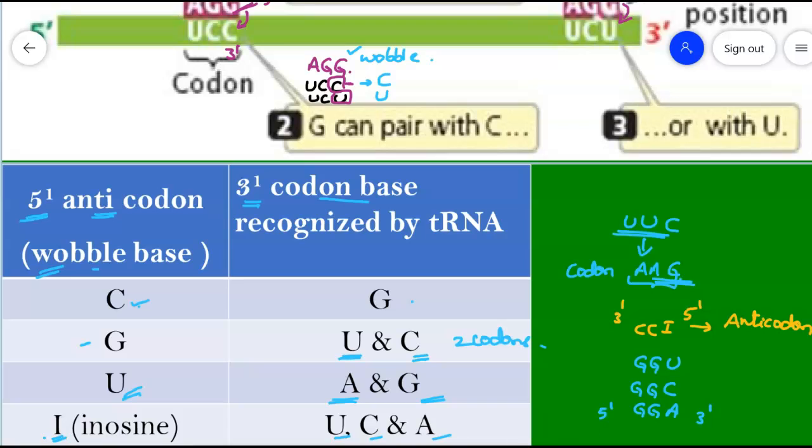If inosine is the 5' anticodon base, that means the wobble base, it can recognize GGU, ending with U. It can recognize a codon ending with C. It can also recognize a codon ending with A. That means this particular tRNA containing the CCI anticodon can recognize a maximum of three codons. That was explained by Crick in the Wobble hypothesis.